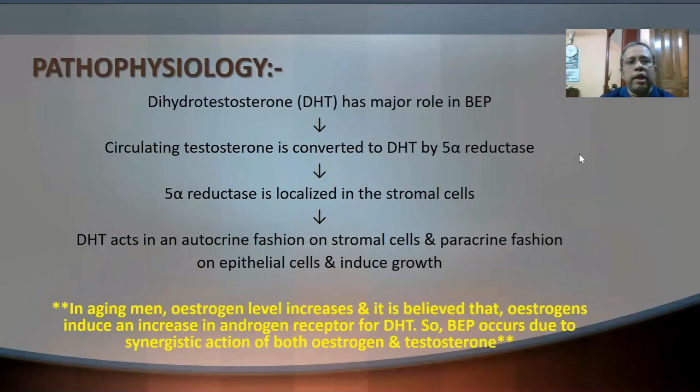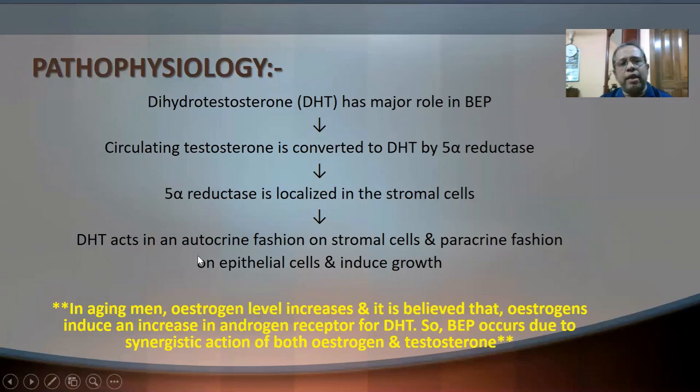Pathophysiology. Dihydrotestosterone has a major role in BEP. The circulating testosterone is converted to dihydrotestosterone by 5-alpha reductase. The testosterone is released from the Leydig cells of the testis and converted by 5-alpha reductase, which is localized in the stromal cells of the prostate.